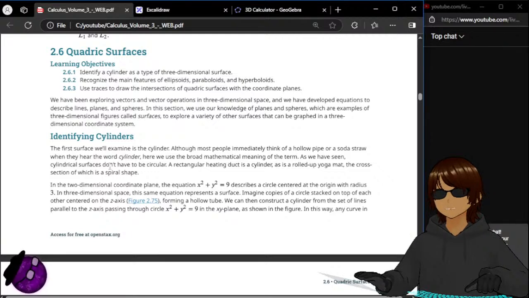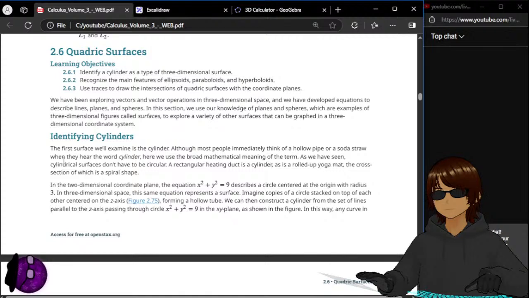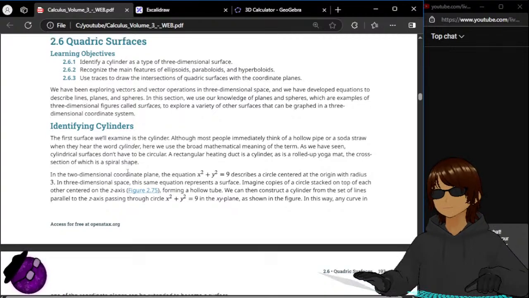As we have seen, cylindrical surfaces don't have to be circular. A rectangular heating duct is a cylinder, as is a rolled up yoga mat, whose cross section is a spiral shape.